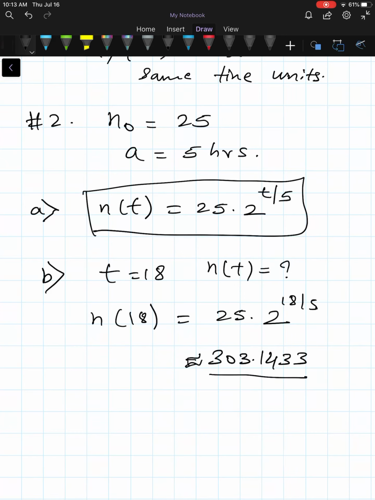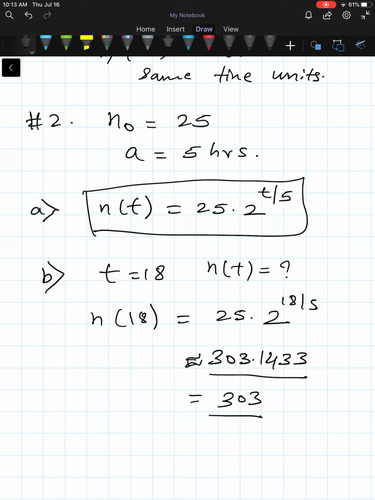You cannot have a fractional number of bacteria, so you approximate it to 303. So after 18 hours, 303 bacteria will be found in the vessel. That is the number of bacteria after 18 hours.